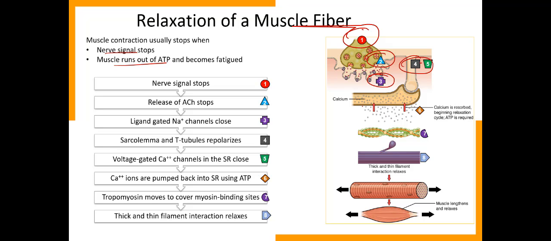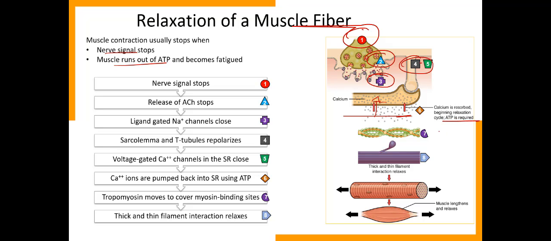The voltage-gated calcium channel in the sarcoplasmic reticulum closes because of the change in voltage when it repolarizes. So calcium no longer leaves, and then calcium is pumped back into the SR using a calcium pump, and that calcium pump is a form of active transport.